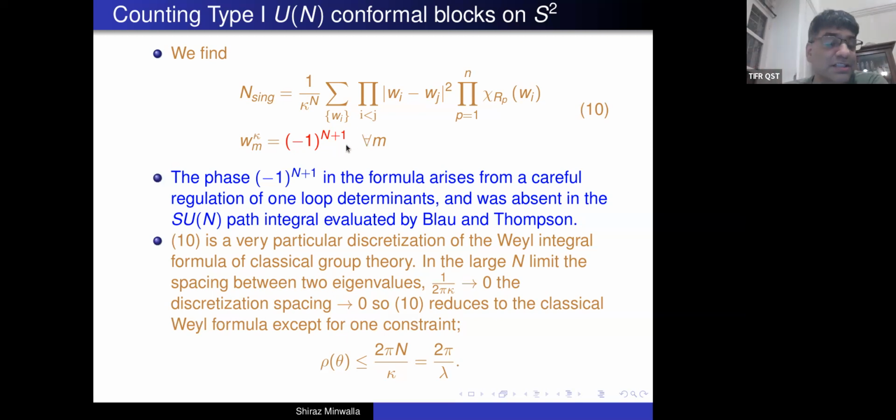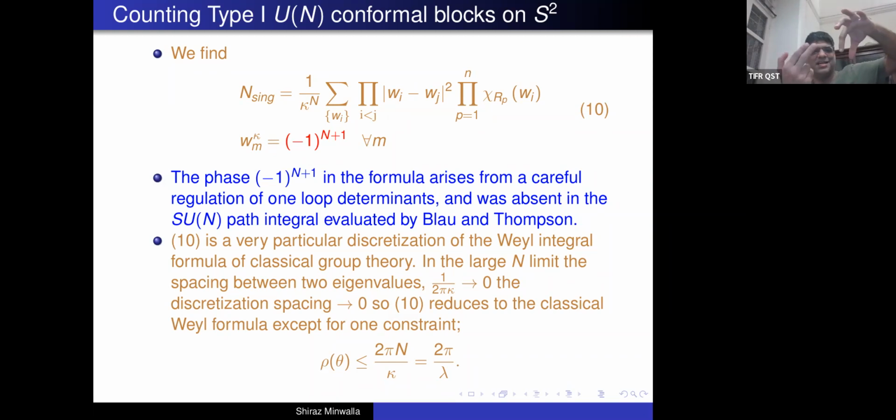However, you might think that in the limit n goes to infinity, k goes to infinity, kappa goes to infinity, n by kappa held fixed, the limit of interest to my talk, this discrete sum simply reduces to the Weyl integral formula. That's not quite the case, because of the restriction that no two eigenvalues can be equal. Because of that, the density of eigenvalues in the situation is bounded from above.